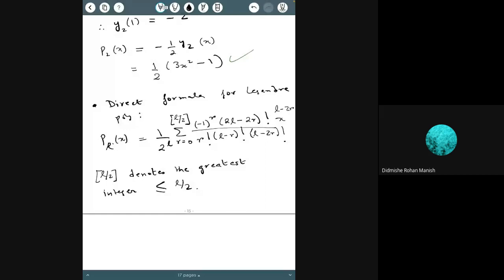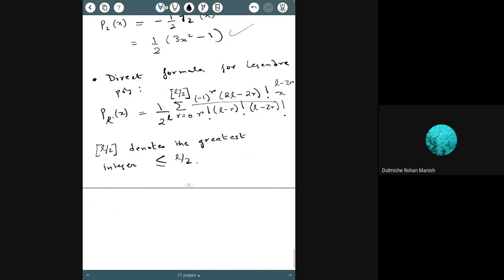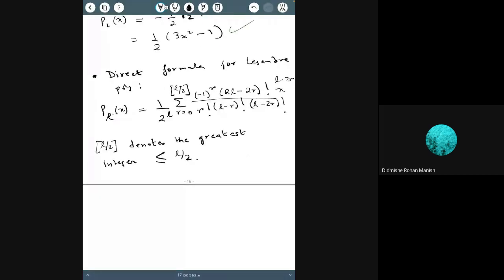Okay, yeah. So if it is an even L, then the sum will go up to that number. If it is an odd L, then it will only go up to the number before L by 2. This is it.